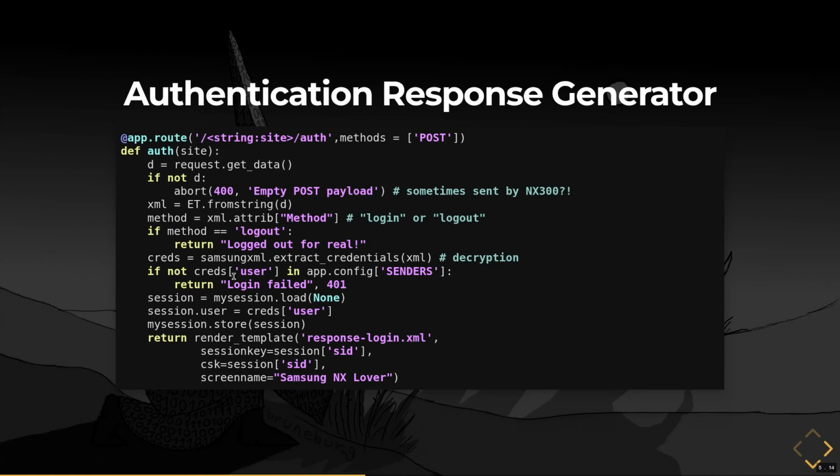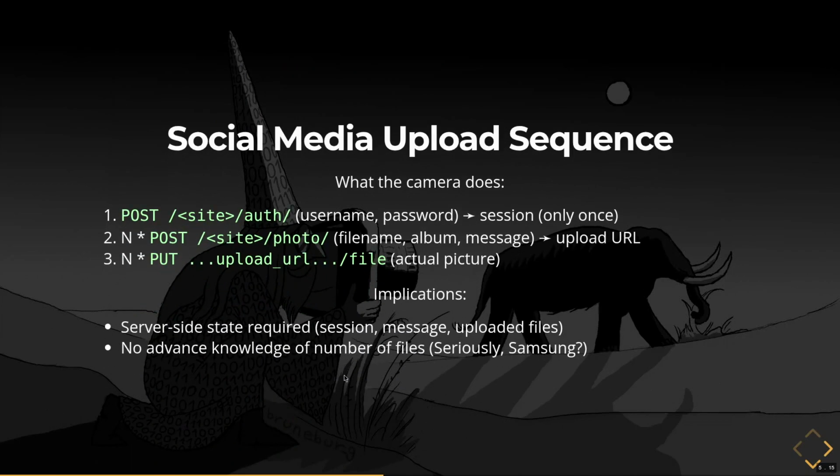Authentication is done by just checking whether the username is known or not, because it's HTTP anyway, and there will be no additional security from adding passwords. I had to implement session management, and then render template is putting the previously shown XML file with the additional values and returning that to the camera. And it worked.